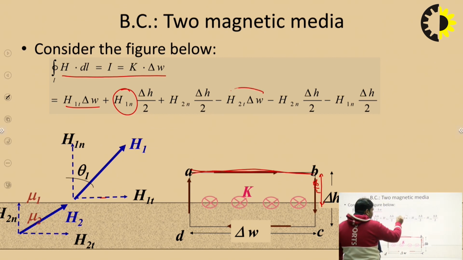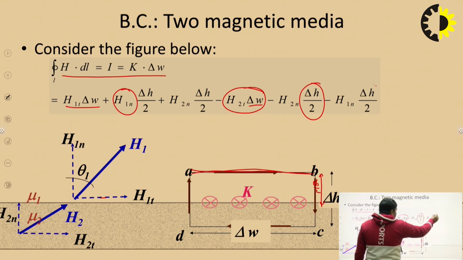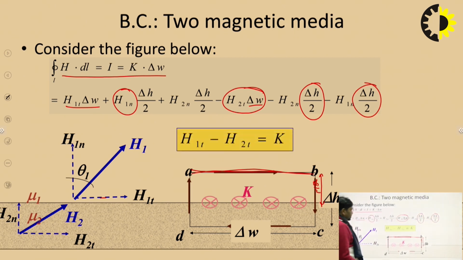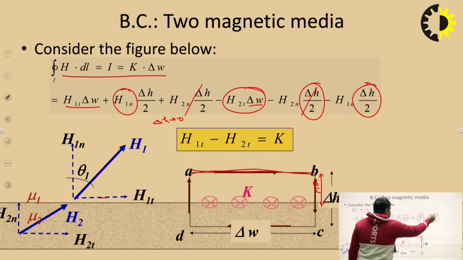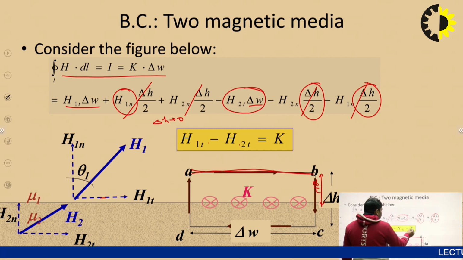Then H2t delta w in region 2, and the normal part is also delta h by 2. If delta h tends to 0, these terms vanish. So H1t minus H2t is equal to K.